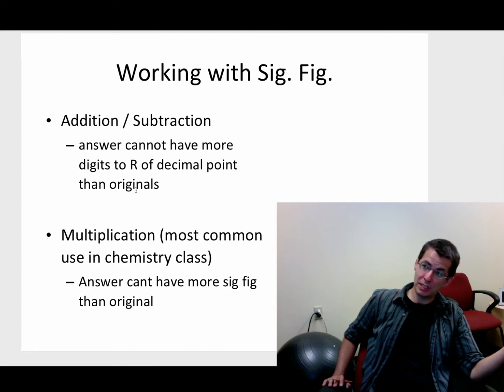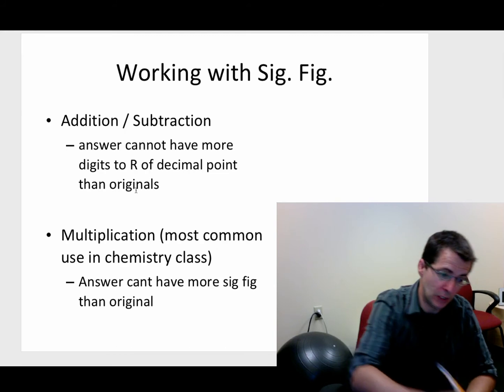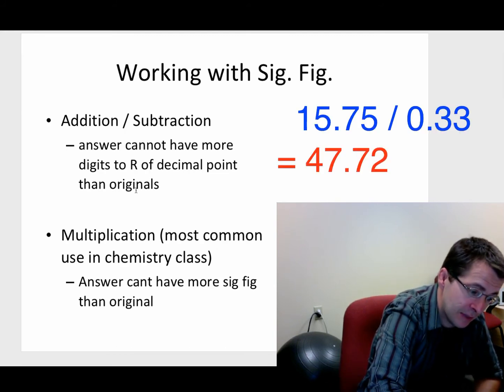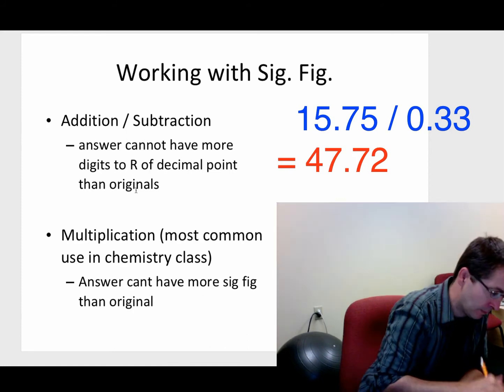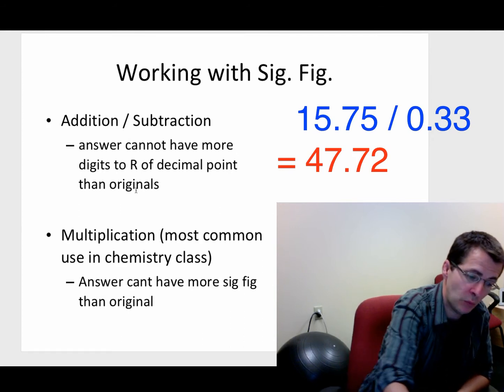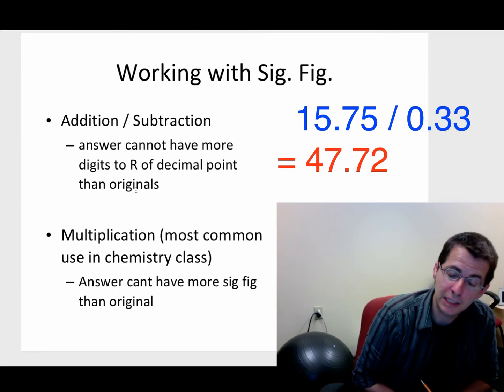So if you start with 3 sig figs in one of your problems, you're going to end up with 3 sig figs. So if we dealt with something like 15.75 divided by 0.33, this would give us 47.72, but we're limited to 0.33, 2 sig figs.